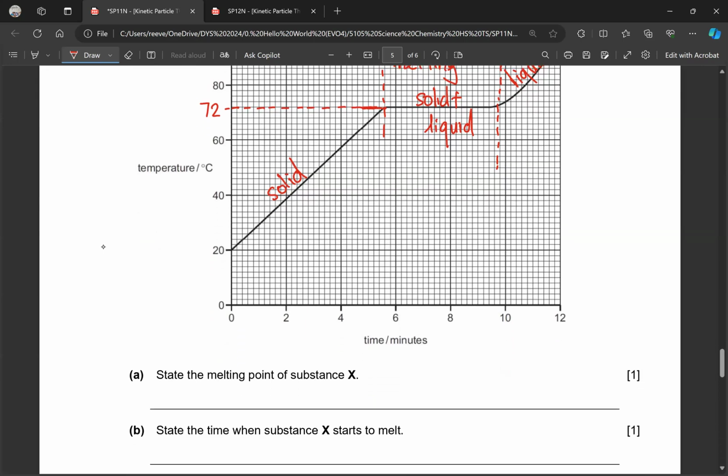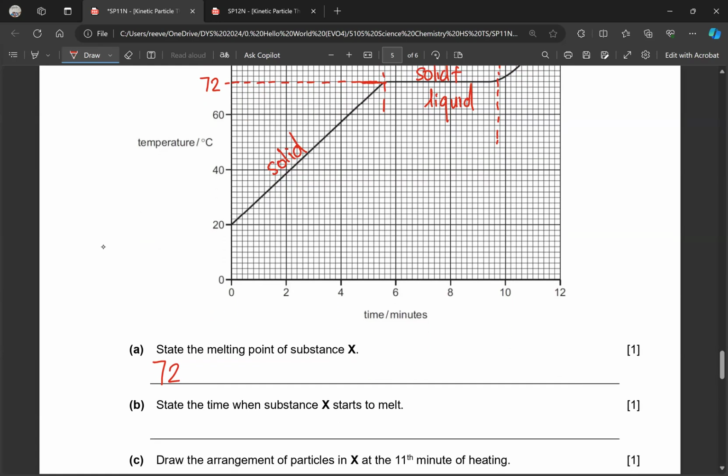So the answer is 72. If you put it like that, it's wrong, because you haven't put the units. You must put 72 degrees Celsius. Remember my units.